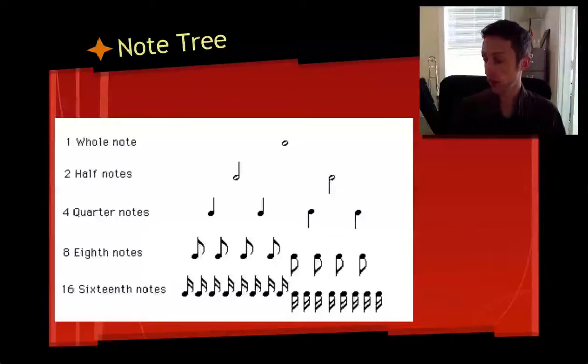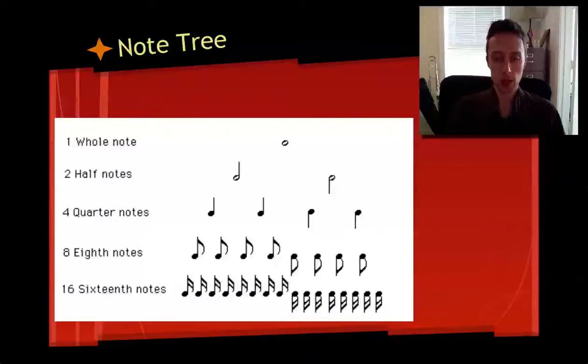Another reason that I like this diagram in particular is because it shows that the stems, remember those vertical lines that come off the note head, can go either up or down. It doesn't really change a whole lot except for how it looks. It would sound the same. So for our purposes now, it doesn't matter.